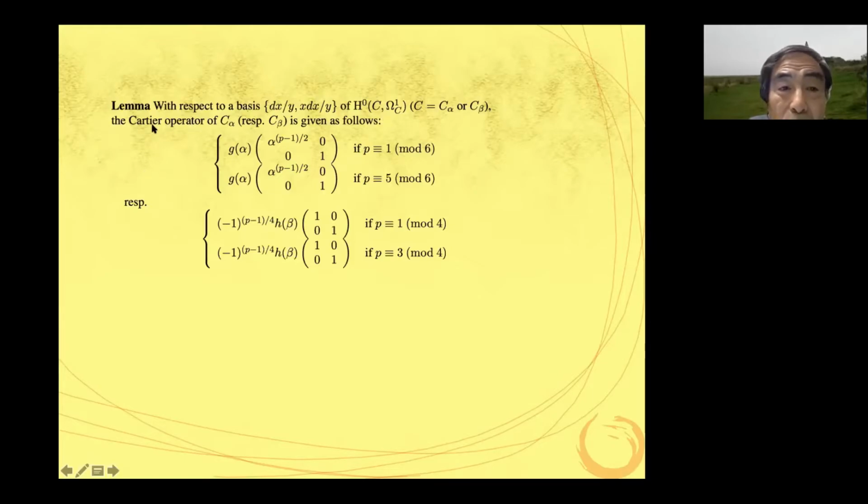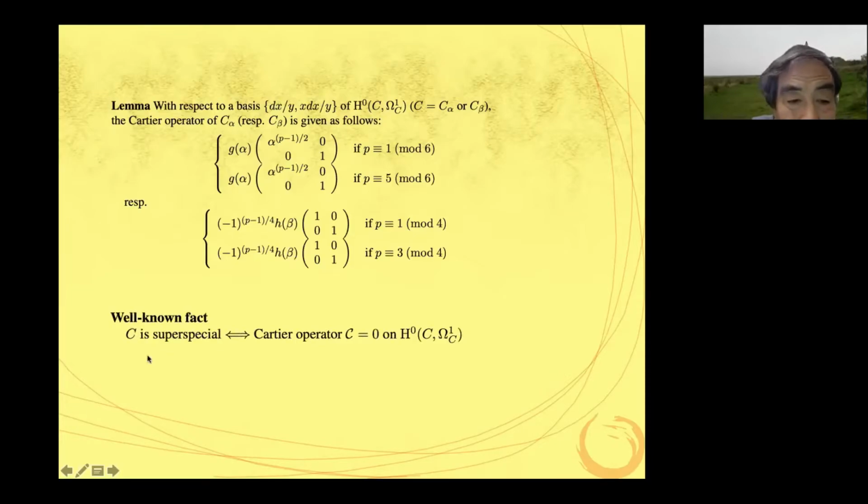Then the Katsura operator of C alpha, respectively C beta, is given as follows. We can get to such a matrix. And a well-known fact: C is superspecial if and only if the Katsura operator is 0 on this space. This is a criterion of superspeciality.